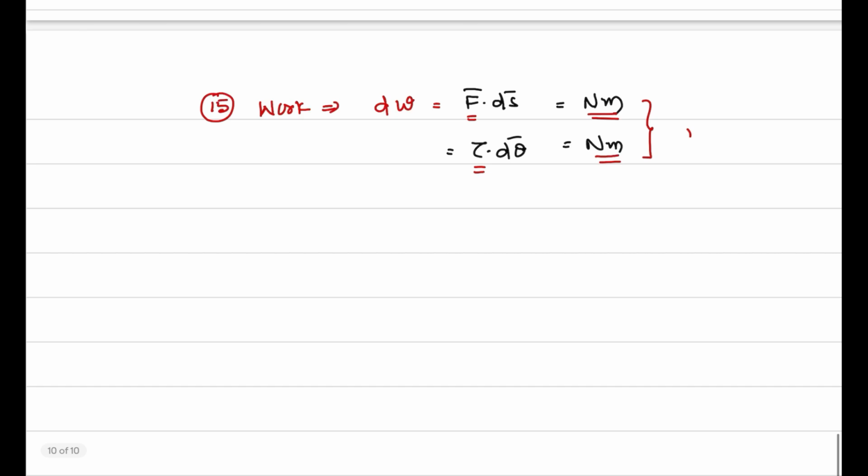This is joules, the unit of work. Next is work and energy, both are scalars. Energy can be kinetic energy. Kinetic energy in linear motion, K is equal to half mv square.